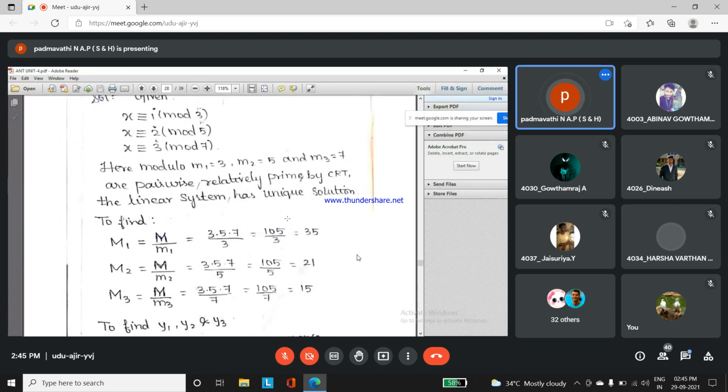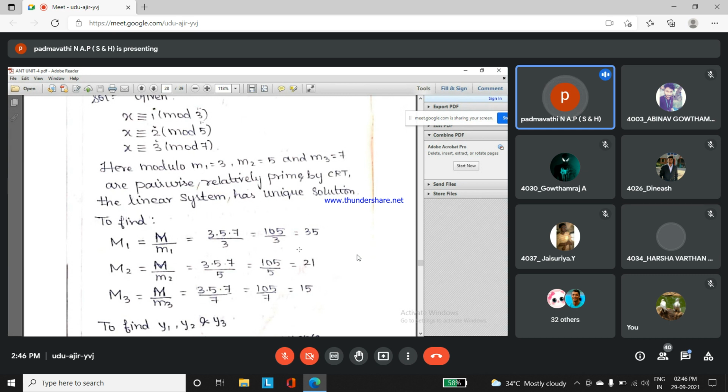Now we are going to find the values of capital M1, capital M2, capital M3. M1 equals capital M divided by m1. We know capital M is the multiplication of the moduli 3, 5 and 7, so 3 into 5 into 7 divided by m1, which is 3. So 105 divided by 3 is equal to 35.